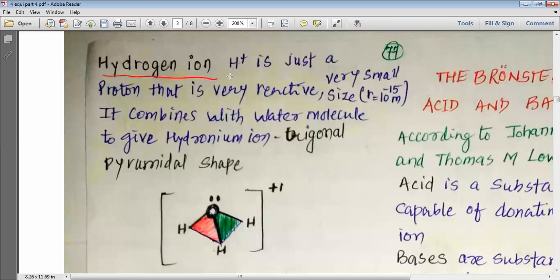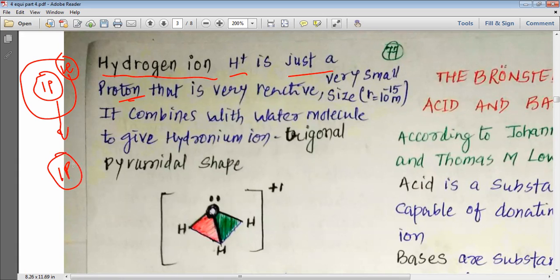Now hydrogen ion H plus is just a proton. Please remember that hydrogen has one proton inside its nucleus and one electron revolves around the nucleus. Now if you remove the electron, there is only one proton remaining in the nucleus, with no electron outside, and this is your proton.